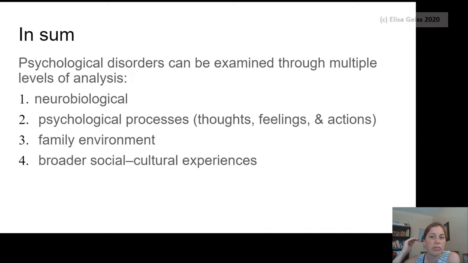We can start from the very basics of our genes, our brain, and our neurotransmitters, as well as how we're thinking about the world, our actions or behaviors. Then we have to consider the broader context of what's going on in my family, and what's going on in the world and how that's influencing me. All of these things can be contributors to psychological disorders.